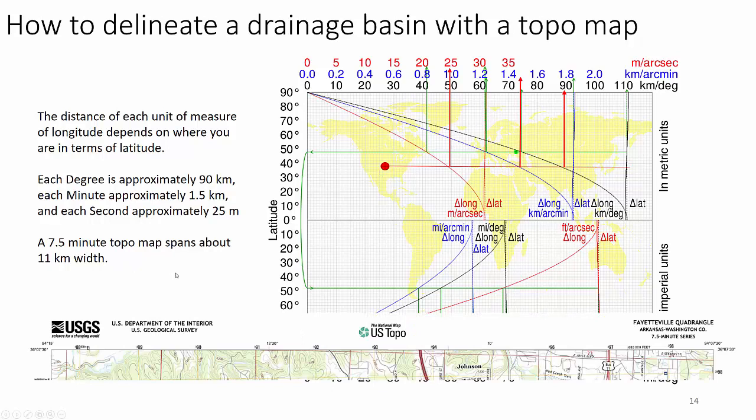So the topographic map I just showed you starts at 94 degrees, 7 minutes, 30 seconds west, because we're west of this point. And it goes all the way to 94 degrees, 15 minutes, because if you add 7 minutes, 30 seconds, remember 30 seconds plus 30 seconds equals a minute.